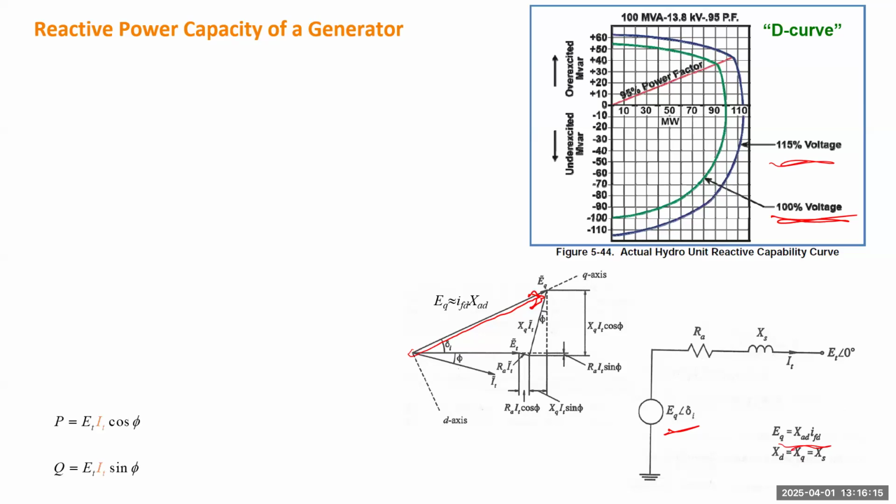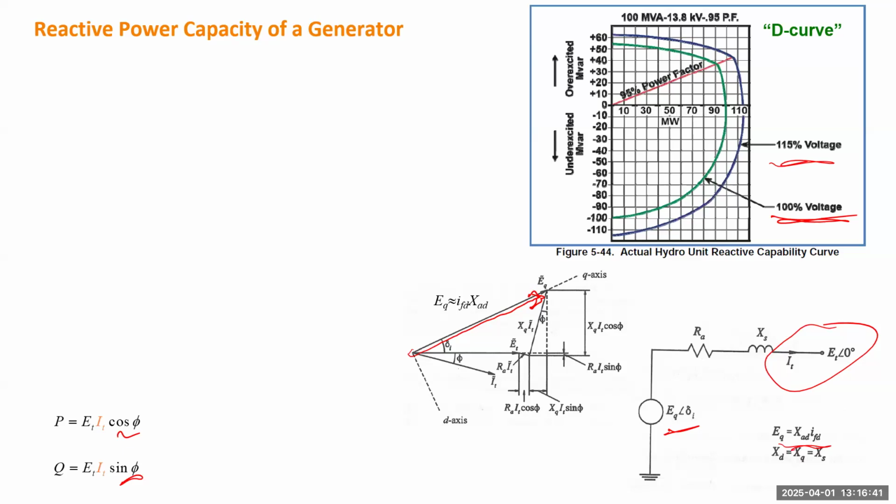So if I ask what are the P and Q delivered to the external system from the generator, we can use the terminal quantity, right? Based on the power factor, we can easily know P will be the product with power factor, cosine phi, and Q will be the apparent power multiplied by sin phi.